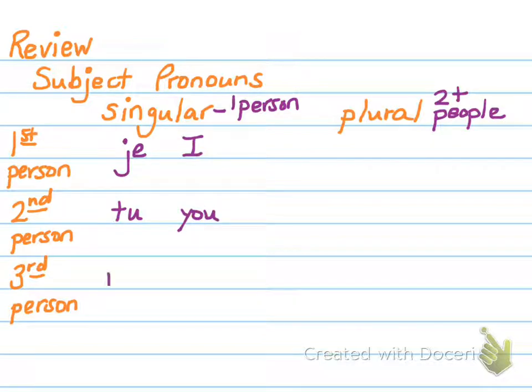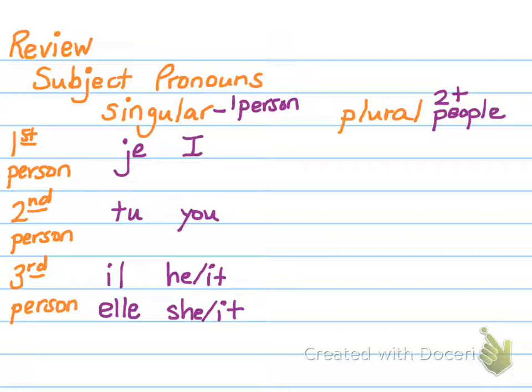And the third person, there's both il and elle. Il means he or it, and elle means she or it. Remember, in French we have two its because it depends upon whether the object we're replacing is masculine or feminine.